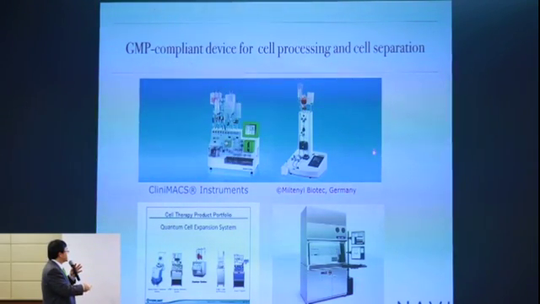But the Miltenyi company's products can be used in the clinic, but it's very expensive. And this is another example for separation of cells. This method uses the mechanism of centrifugation.